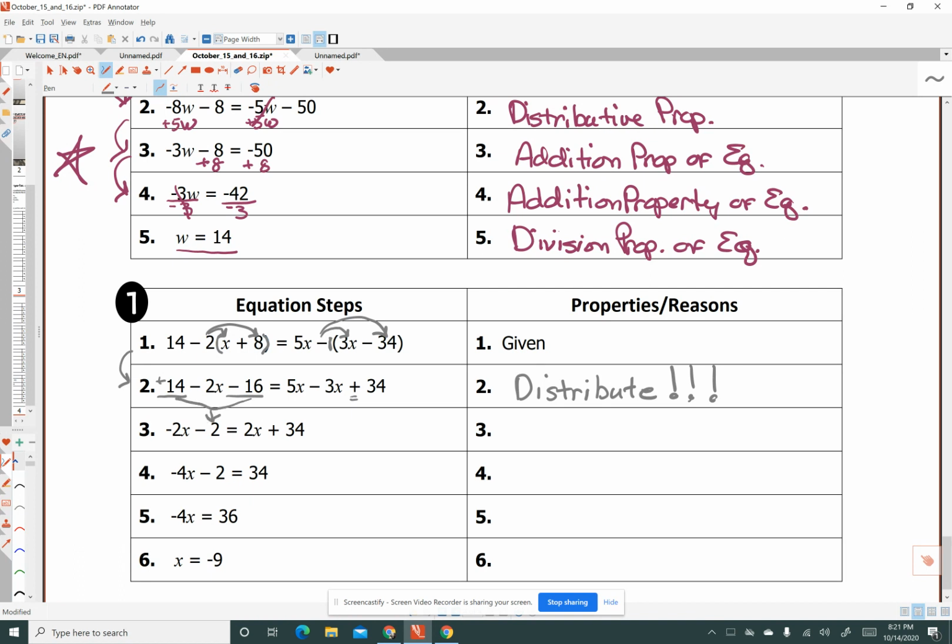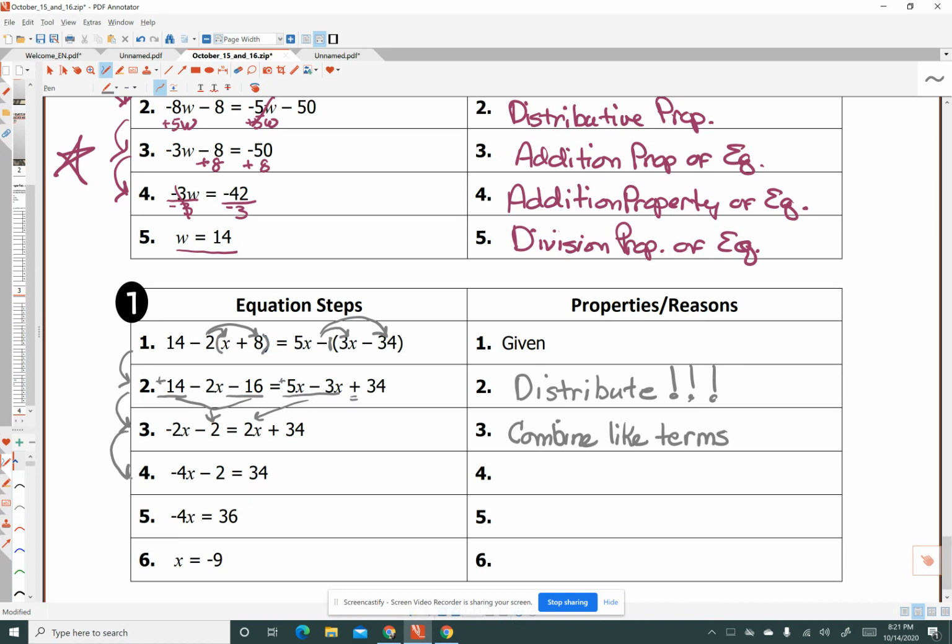And on the right side, I can combine positive 5x minus 3x, and that will give me this 2x here. So what I did there was I combined like terms. Keep practicing with those positives and negatives, guys. Okay, now that took us to step 3.